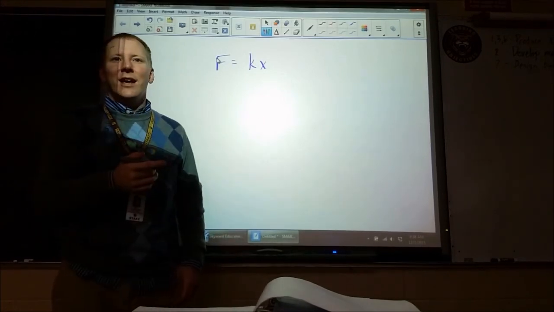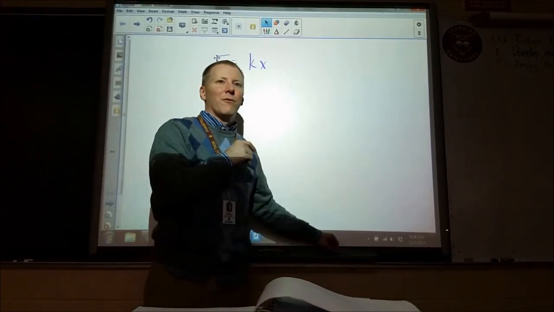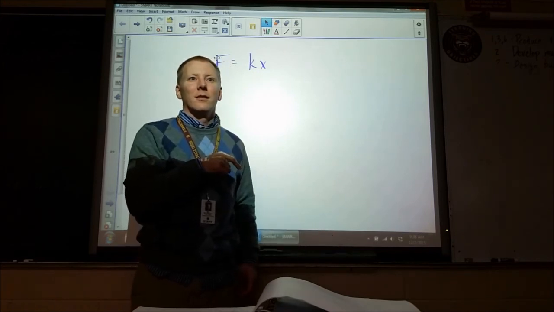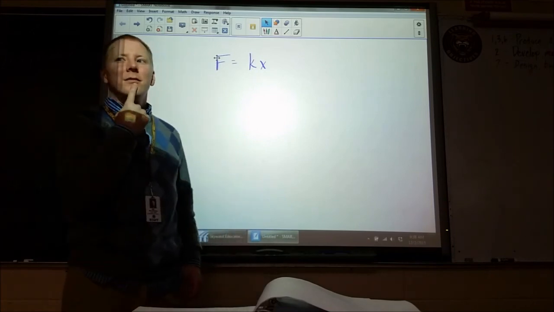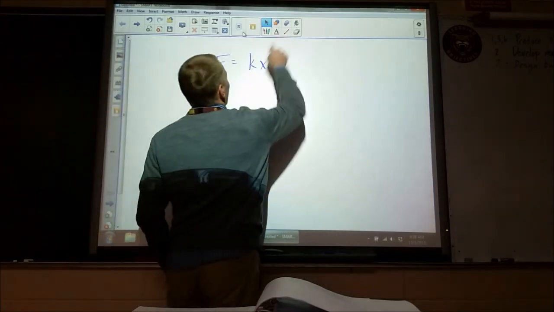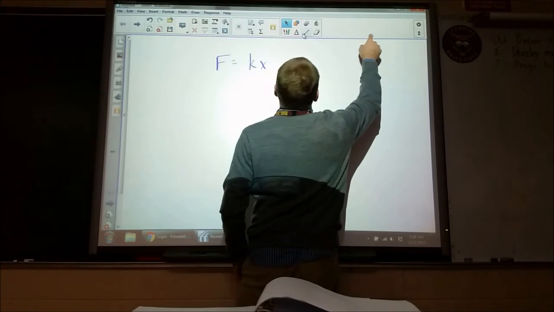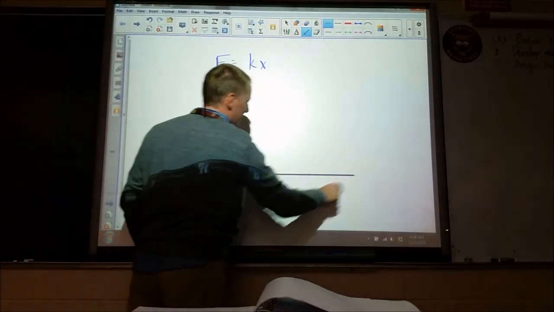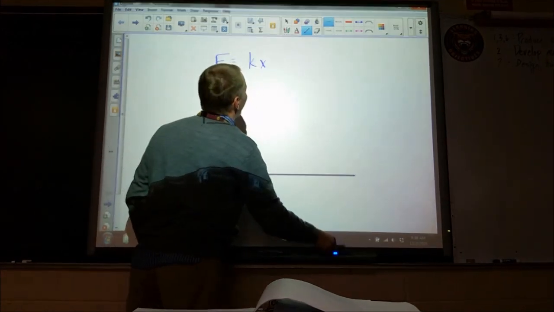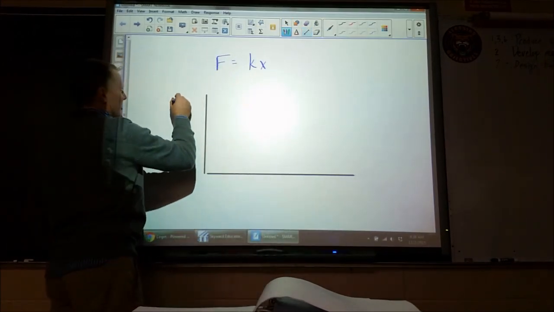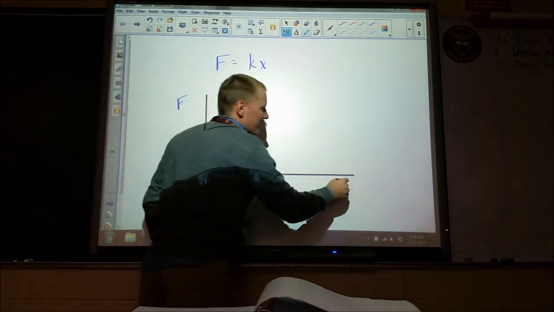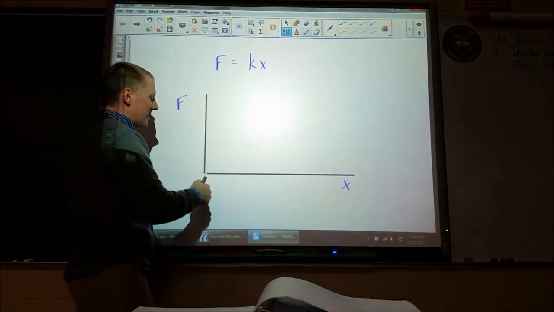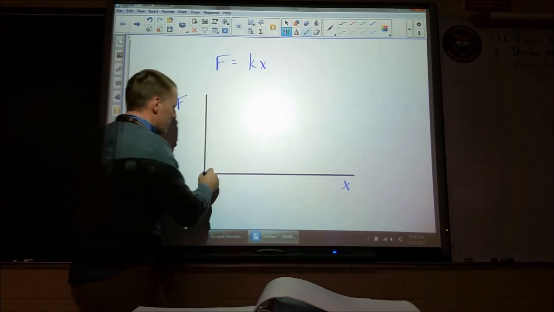But how did we say we had to deal with variable forces to find the work? I will give you a hint. Find the area. So if we have our force here and our spring stretch here, you'd be pulling along that. That's going to be a line. It's kx. Well, it's going to look like this.